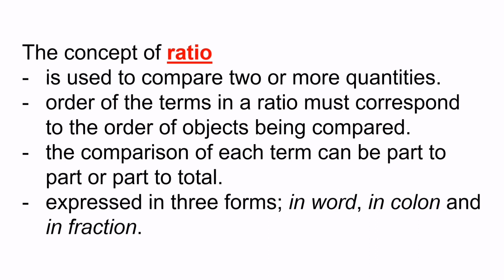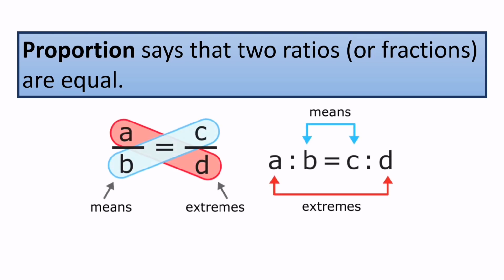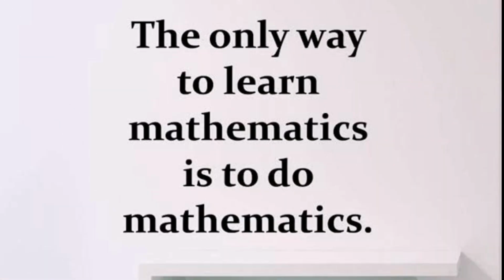And don't forget that ratio is always reduced into lowest term. And last, proportion says that 2 ratios or fractions are equal. So the parts are means and extremes. Always remember, the only way to learn mathematics is to do mathematics.